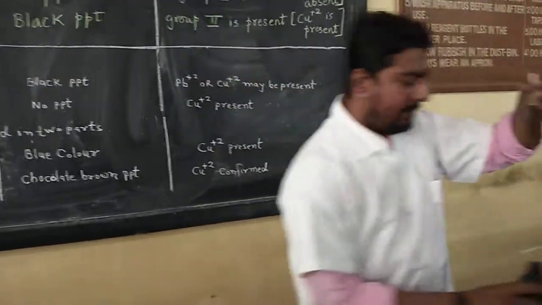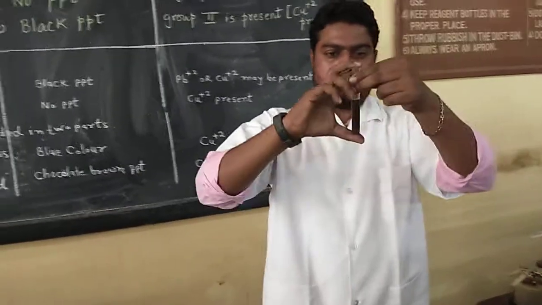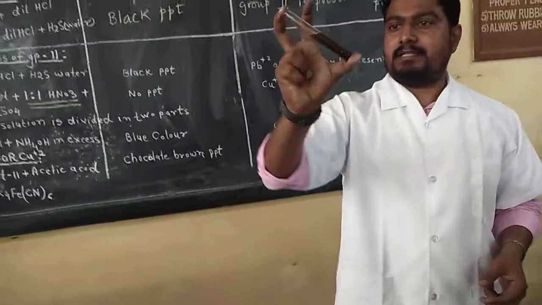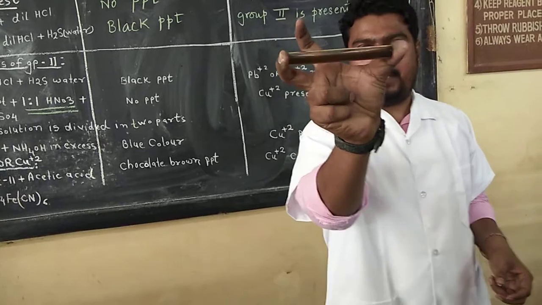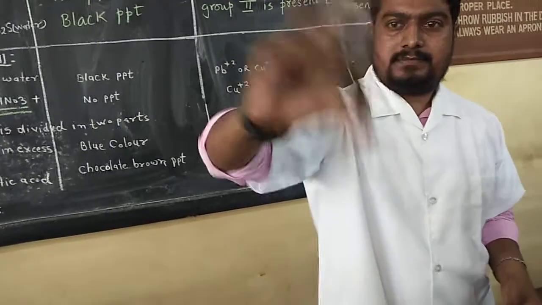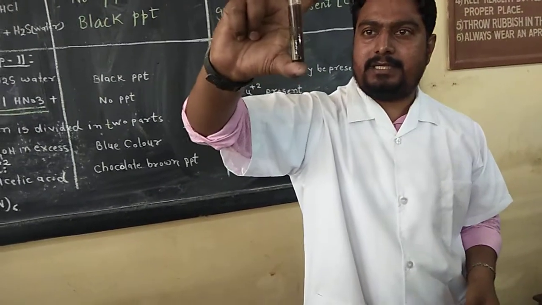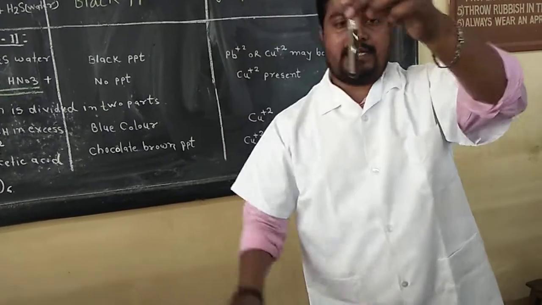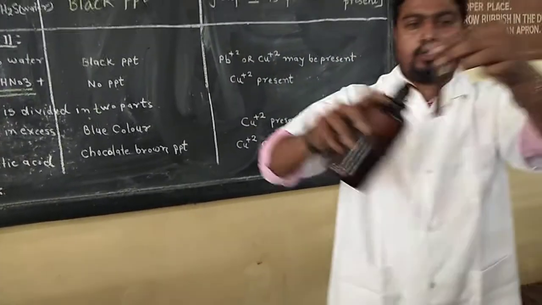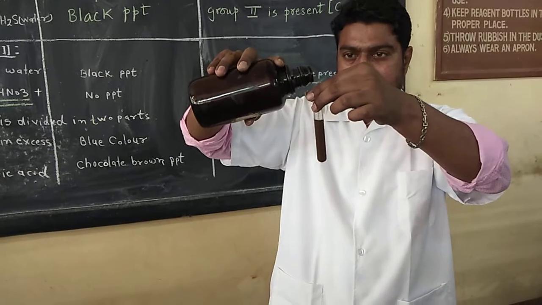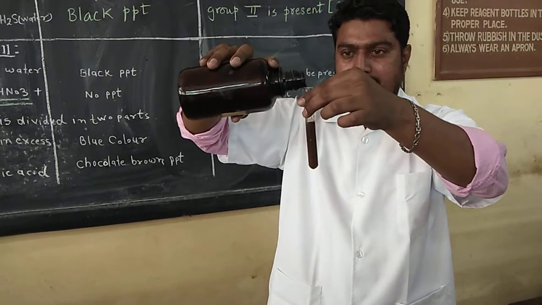We get a black PPT here. Black precipitate. Can you see the black precipitate? If you are not getting it, you can add a little more also. So this black PPT we are getting here.